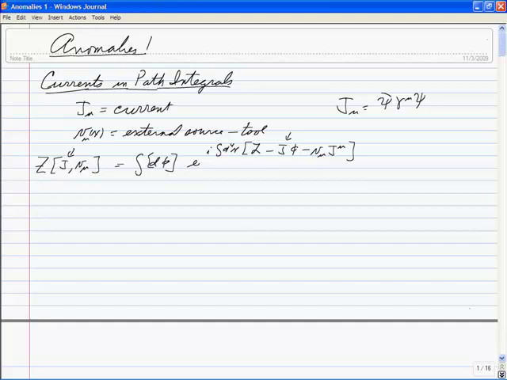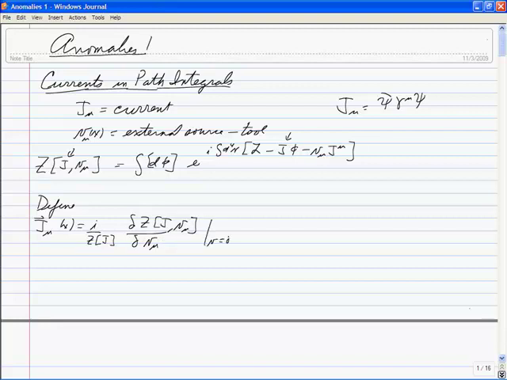So we do that. Then if we want to take matrix elements that involve the current, we can differentiate with respect to this background field V mu. So let's define J mu of x as i over Z of J times the variation of Z with respect to V mu.